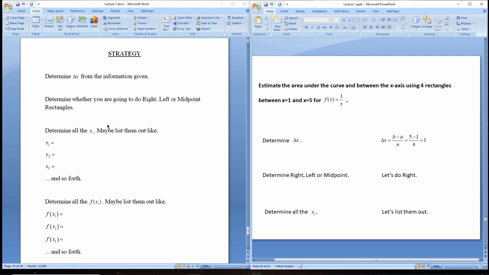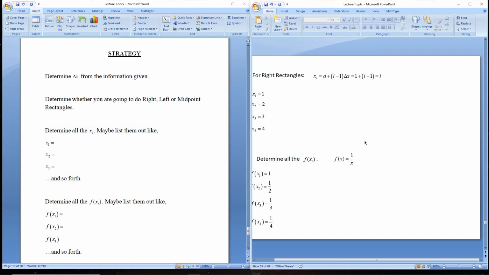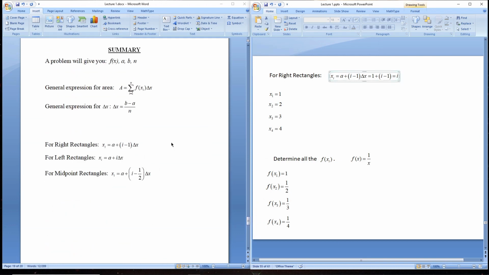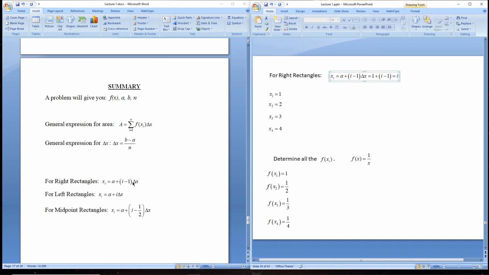So now we've made a determination. We now want to list all of the positions of where the rectangles are. And now to do that, for a right rectangle, we use our expression for right rectangles over here in the summary. Here's our right rectangle expression, which is what I have right here in the starting point.